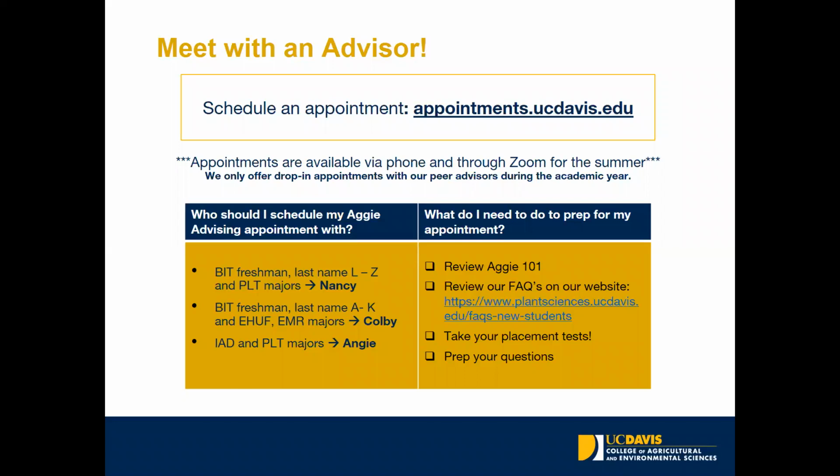If you are a biotechnology major, a freshman, and your last name starts with L through Z, you're going to be meeting with Nancy. If you are a biotechnology freshman, last name A through K, you're going to be meeting with me. If you are a plant science major, you're going to be meeting with either Nancy or Angie. And of course, my EHF and my EMR majors, you're going to be making an appointment with me.